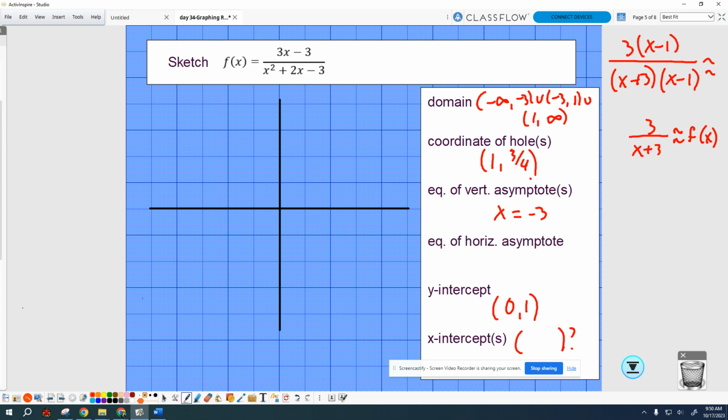Okay, so the question is, if it's bottom heavy, because I have a square in the bottom and an x on the top, Chris is asking, is it y equals 0? What's the rule? Top heavy, bottom heavy, equal. He says it is bottom heavy, and I agree. And he's asking, is the horizontal asymptote y equals 0?